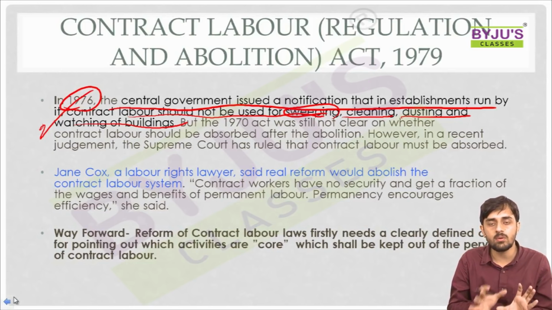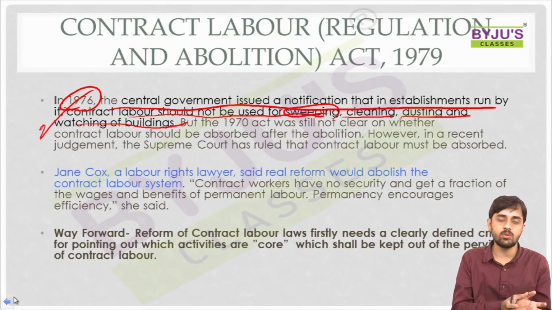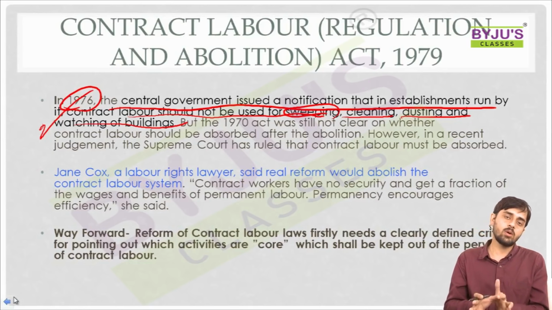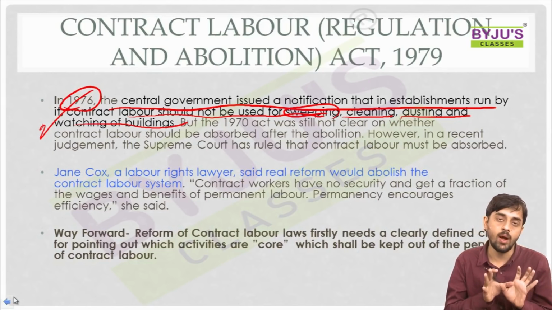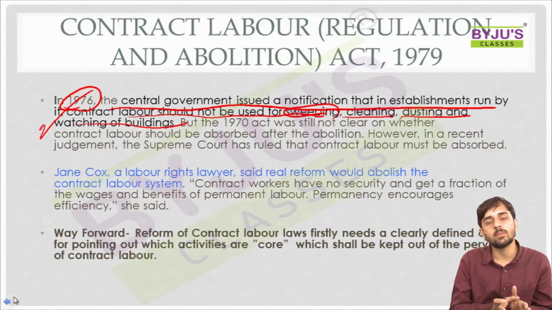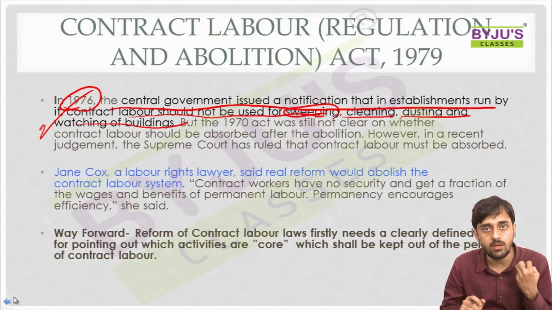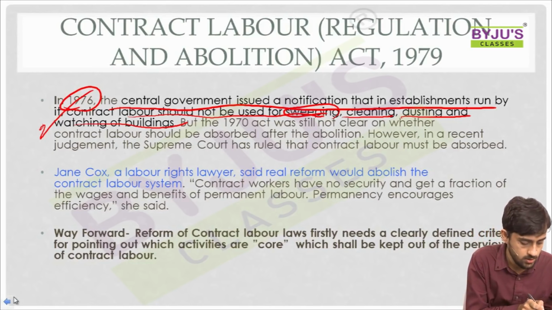Right now, there's a good amount of discretion for companies to decide what is core activity according to them and what is not. There's an urgent need for the law to concretely define what are core activities with respect to major types of industries, and to ensure that contractual laborers are not allowed in the core activities, because it's essential to protecting the rights of the workers.